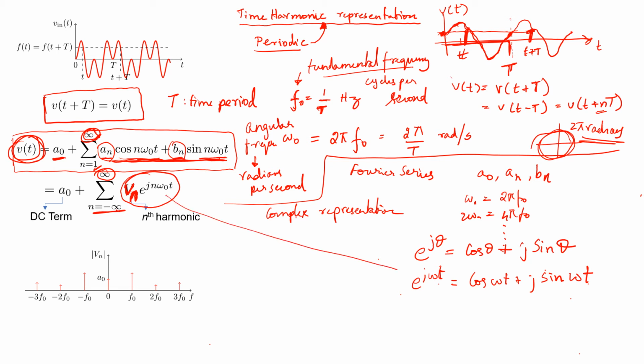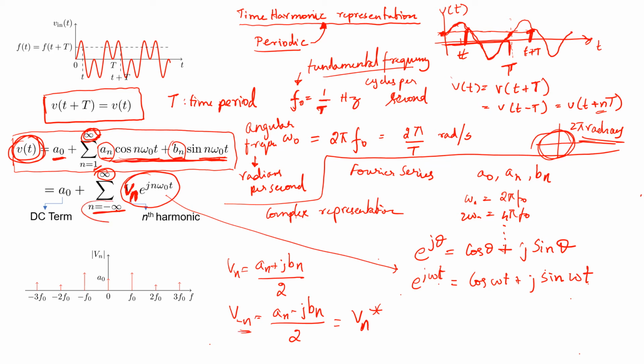Making use of this fact, in fact, we can show that this Vn is related to the An and the Bn as Vn is equal to (An minus jBn) upon 2, and V minus n is going to be (An plus jBn) upon 2, which in fact is the conjugate of the positive n.